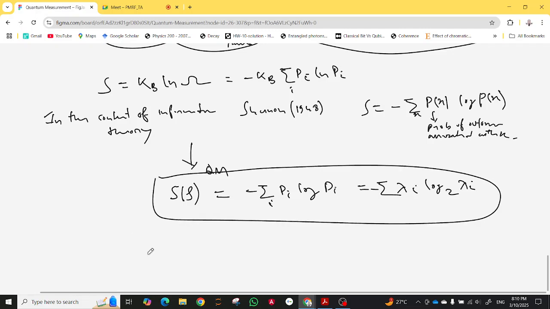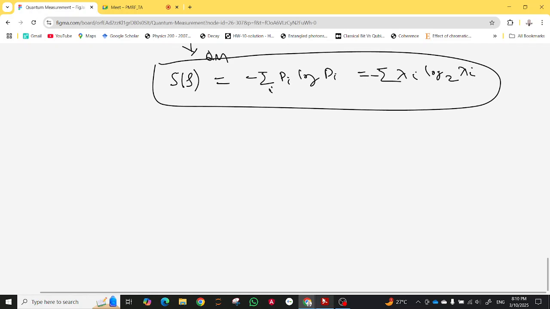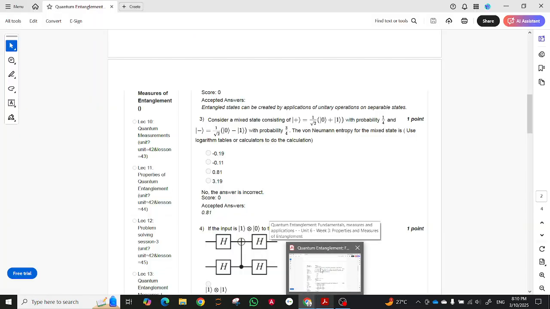So let's start the first problem, okay? Consider a mixed state consisting of plus with probability 1/4 and minus with probability 3/4, and we have to calculate the entropy for the mixed state.